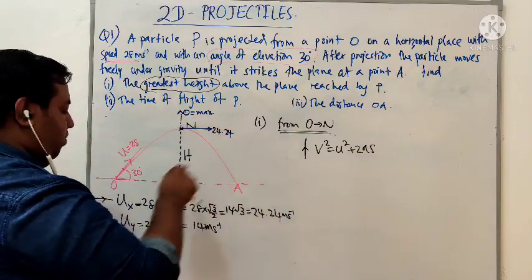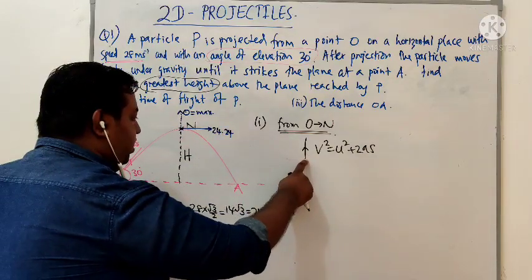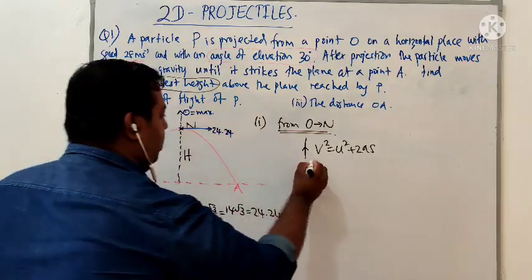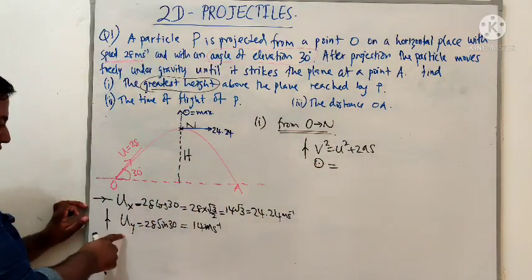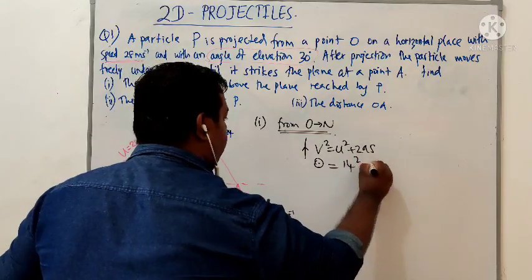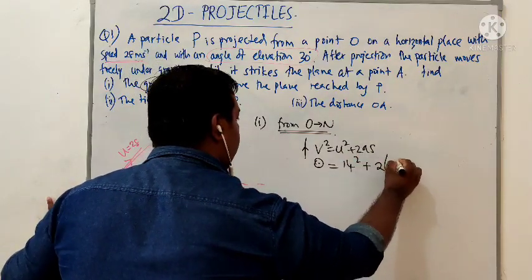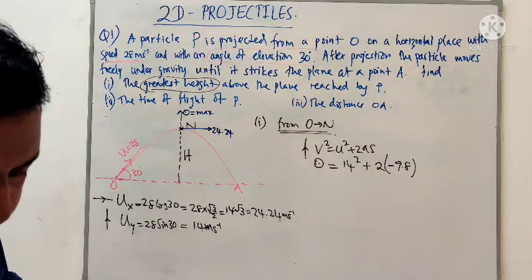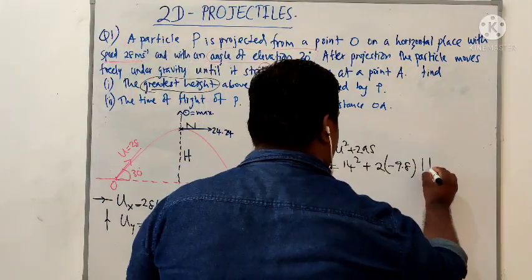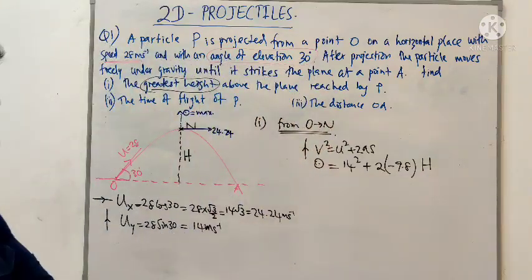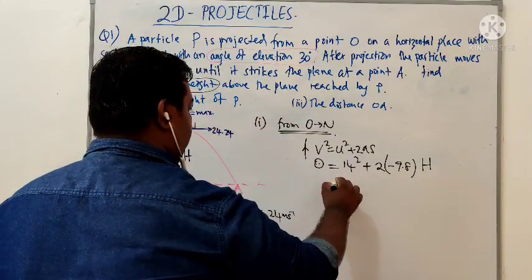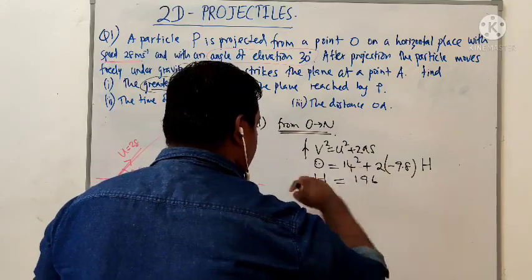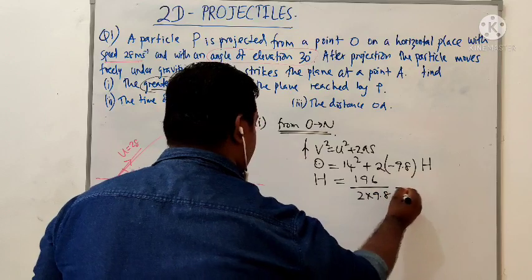Right. So we use v square equals u square plus 2as, guys. I'm taking the vertical component only, and the final vertical component is 0. U we already found, 14 square, plus 2 into acceleration minus 9.8 into s, where s is the maximum height h. So 14 square is 196, then h becomes 196 over 2 into 9.8.